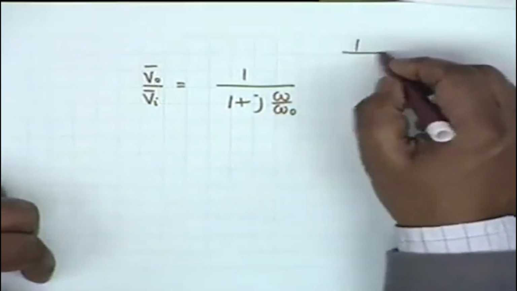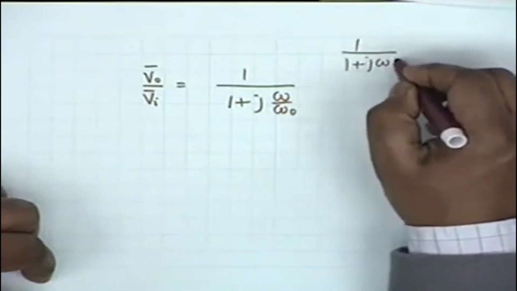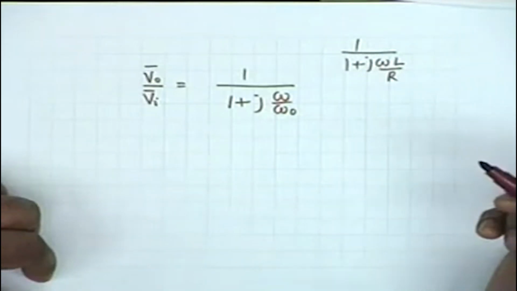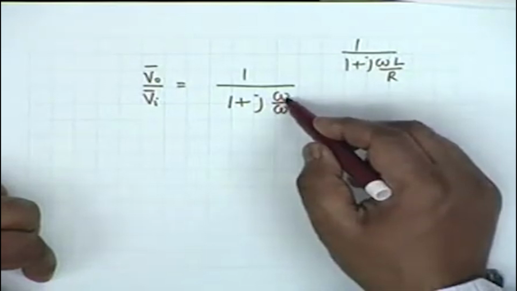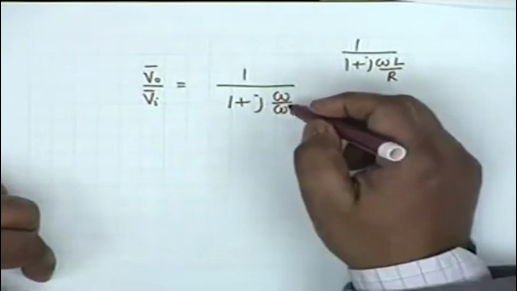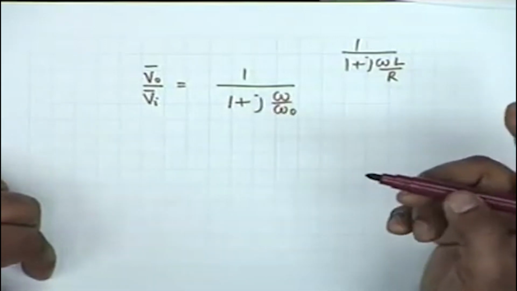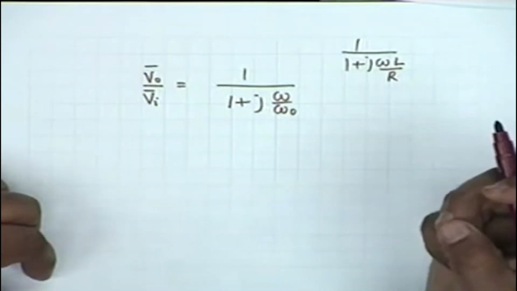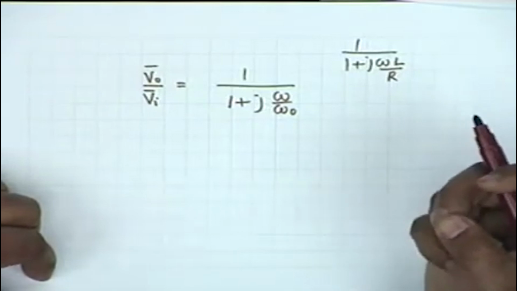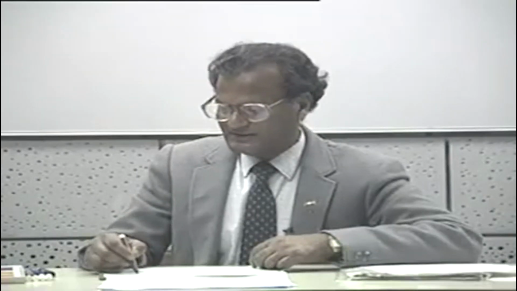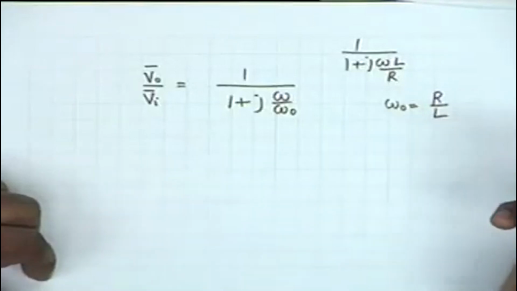What we had was 1 by 1 plus j omega L by R, and R by L has been designated as omega 0, so I can write this as omega by omega 0. It is as if the frequency is being normalized with respect to the fixed frequency omega 0. Omega 0 is fixed because omega 0 has been defined as R by L, which are the parameters of the circuit.